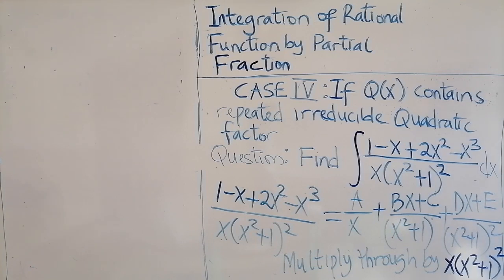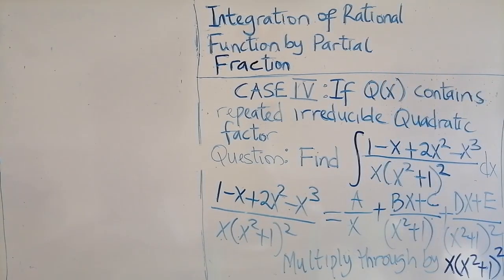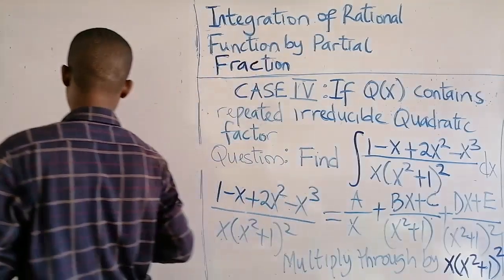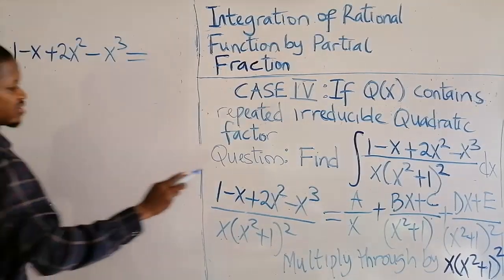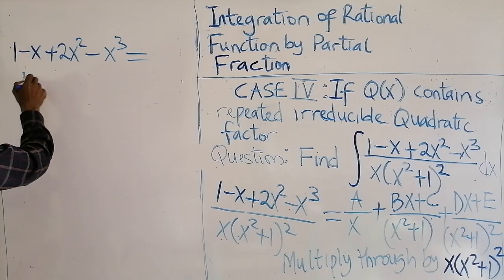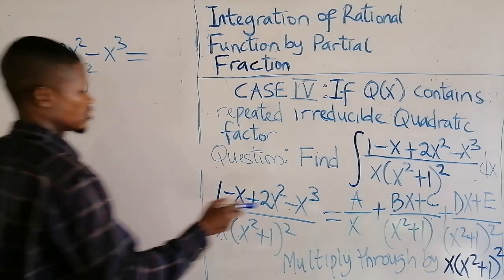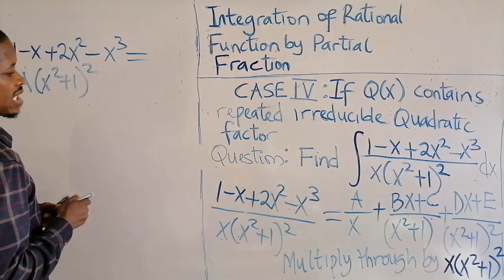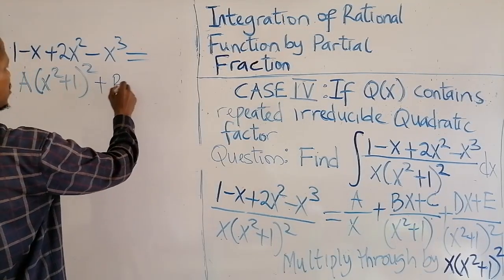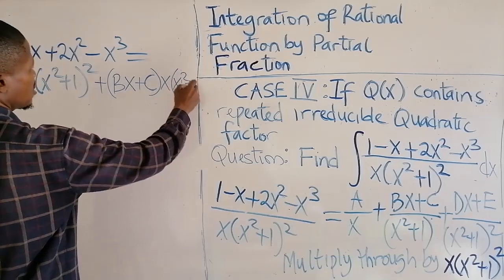Multiply through by the common factor. The common factor is this one times this one. So on the left, we're going to have the numerator, and on the right, each term times the common factor. It's going to give us A times x squared plus 1 all squared. Then plus Bx plus C times x squared plus 1.